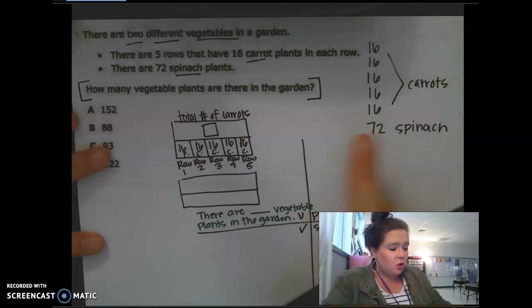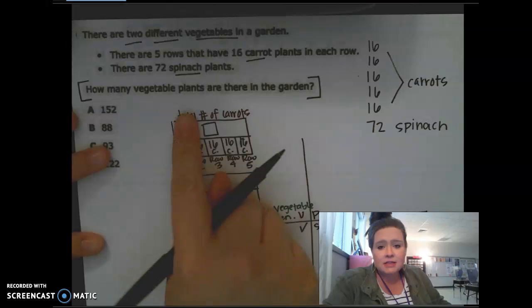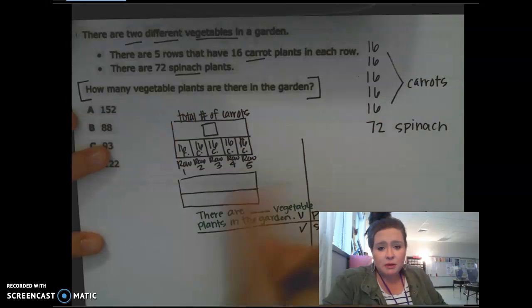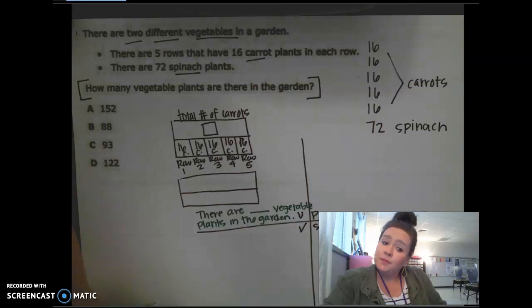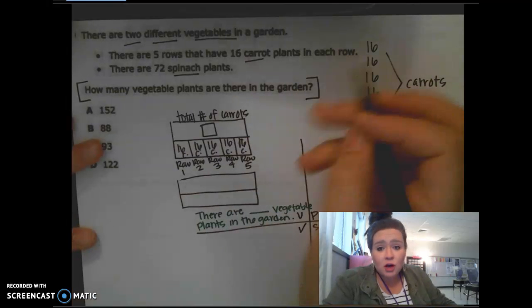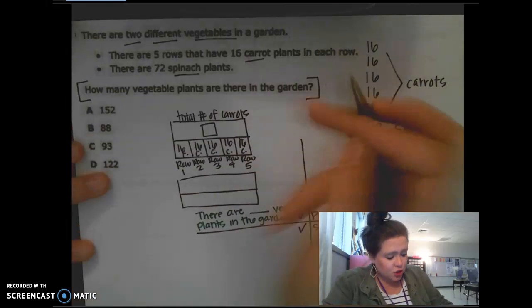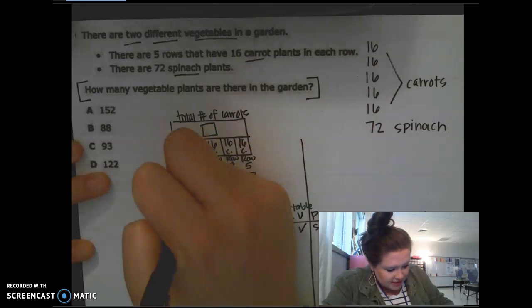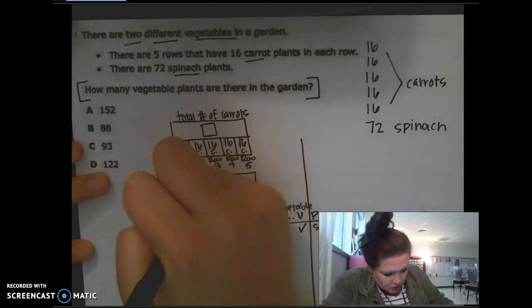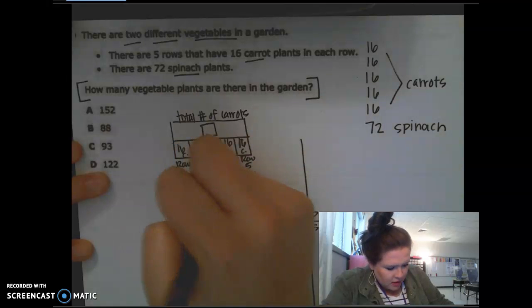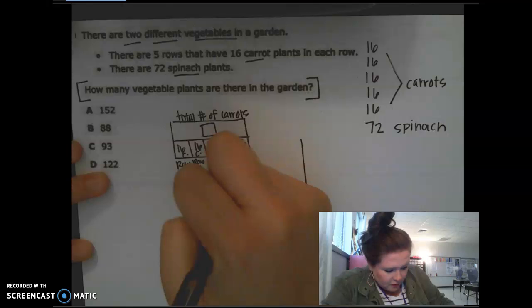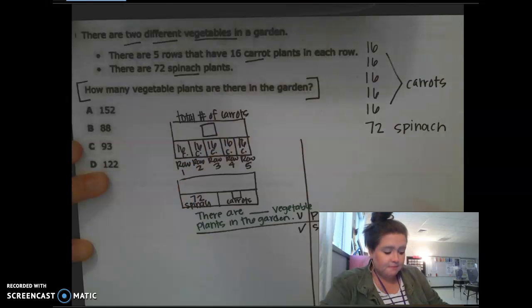What am I going to do when I get my total number of carrots and my number of spinach plants? Good job. I'm going to combine those 2. So this is 72 spinach plants and a certain number of carrots.